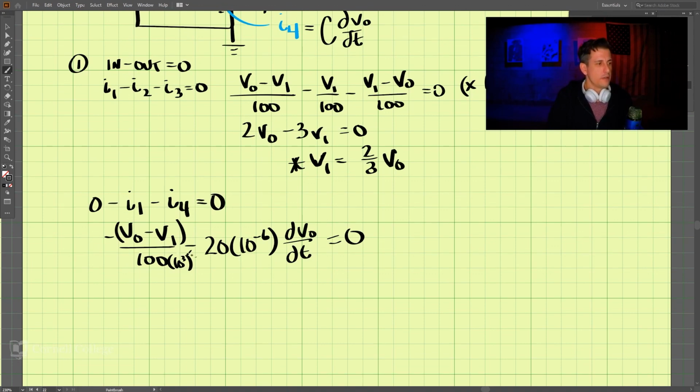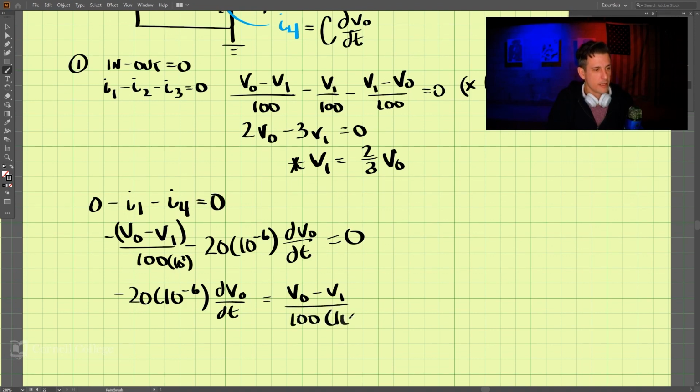All right, so let's move this to the other side. So we have negative 20 times 10 to the negative 6 dV/dt is equal to V over 100 times 10 to the third.